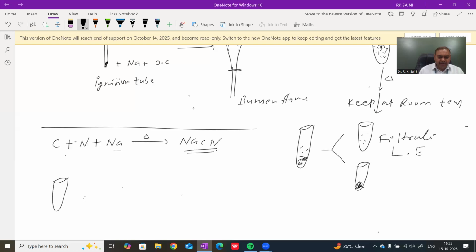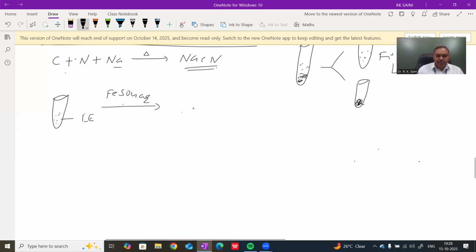Now we take the Lassaigne extract in another test tube and add a fresh solution of ferrous sulfate. Fresh, it is greenish in color. Therefore, a fresh solution of ferrous sulfate is added, and a complex forms.